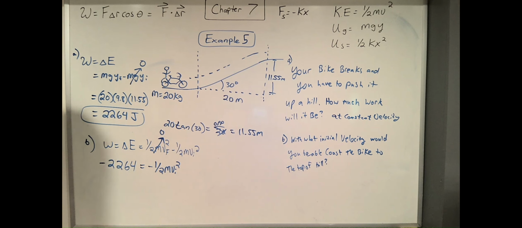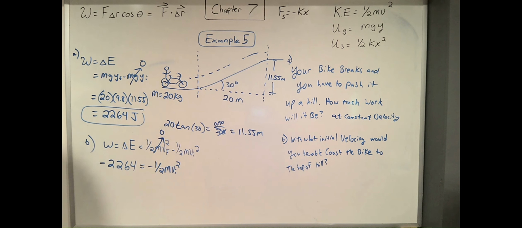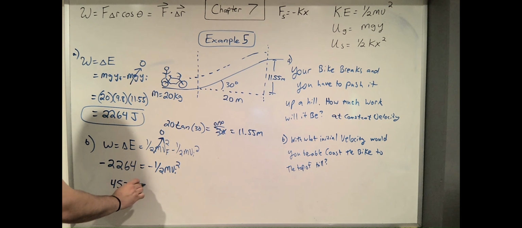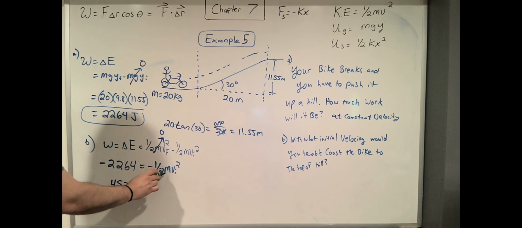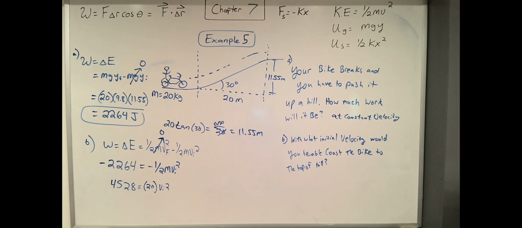And then we'll multiply by 2, and then, well, let's see, I'll do some of it out here. So we'll have 2264. I'm going to multiply it by 2 so that I can get rid of this half. Okay, so that's going to make 4528. And what's my m? My m is now 20. Vi squared.